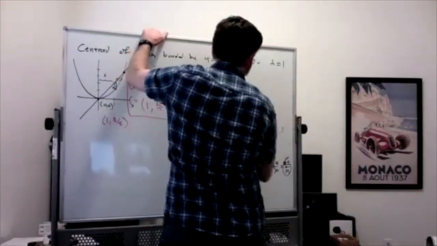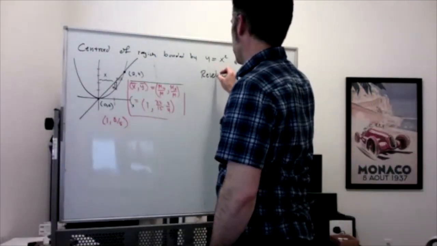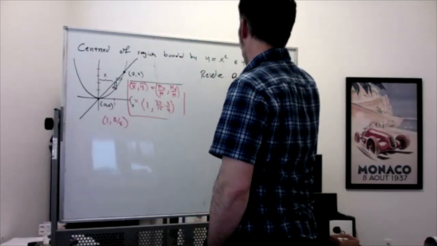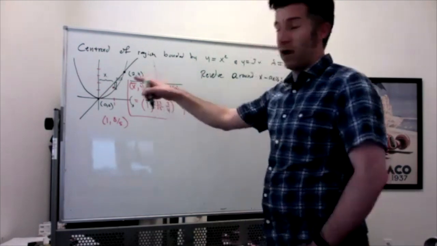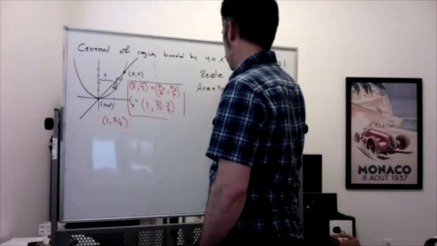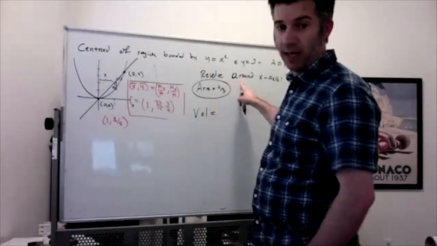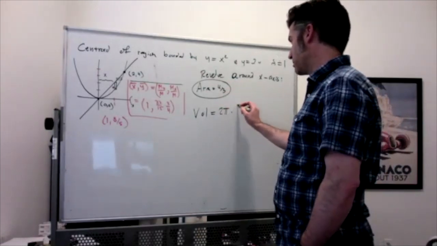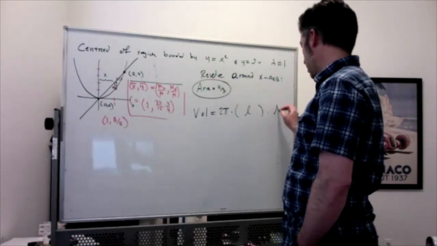So for example, if I wanted to revolve this around the y-axis, the x-axis, well, remembering that the area of that region is 4/3, the volume you get when you revolve this around the x-axis is just 2 pi times some length times the area.